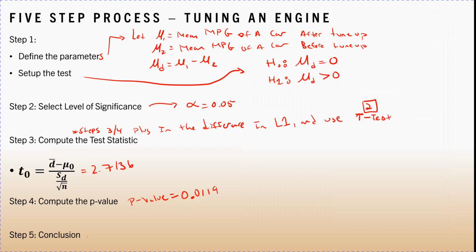So what does that mean? Well, look, the p-value is less than the level of significance. So you're going to reject the null. Right? This is because the p-value is less than the level of significance.